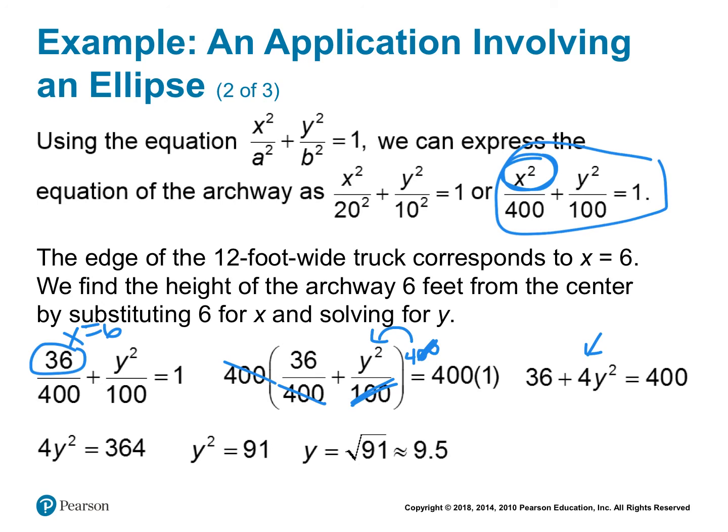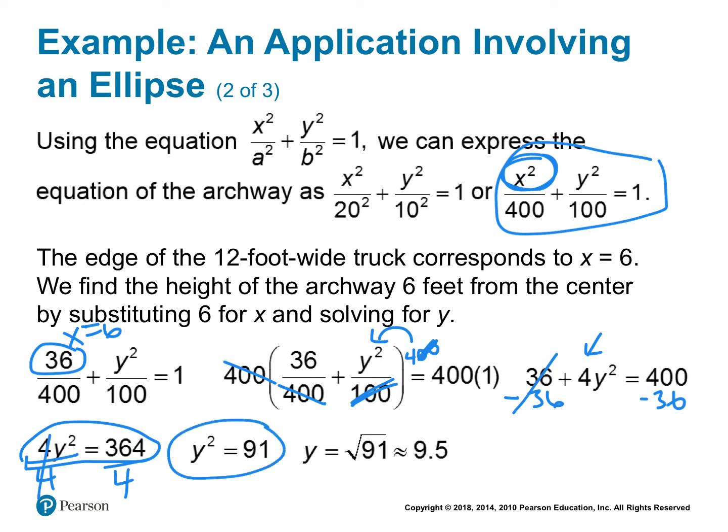Then they subtract the 36 to get 4y squared equals 364. Divide by 4 to get y squared equals 91. If you do the square root of that, you get about 9.5 for y.